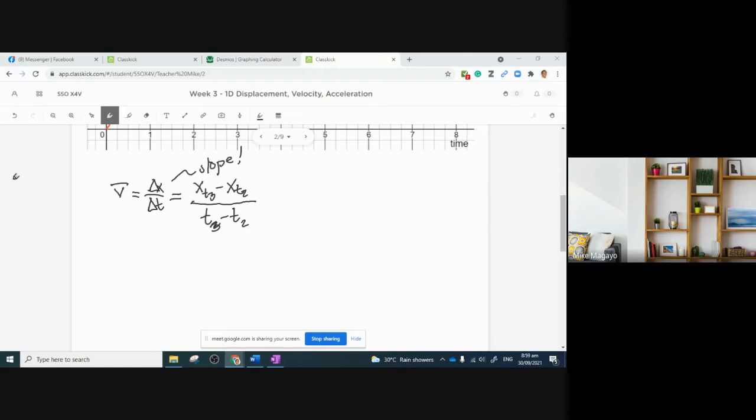On the other hand, let's recall our definition of average speed. And we use the symbol v. Note that we defined average speed before as the total distance traveled by any moving object divided by the time it takes for that distance to be covered or traveled.